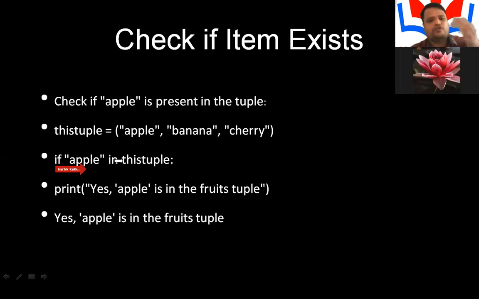If you want to check whether banana is present in the tuple, you can use banana. If you want cherry, you can use cherry. If you want to check any other element which is not present in the tuple, you can specify that also. Here, in is the keyword.